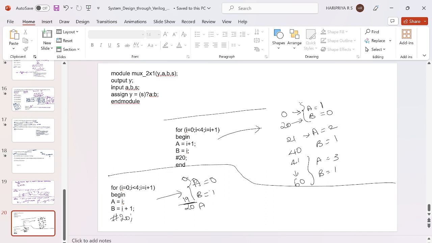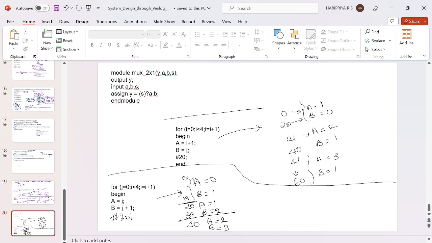And then this time scale will be incremented to 40. Again at 40 there will be a change. A will be 1, B will be 2. Again at 40 time scale, A will be changed to 2, B will be changed to 3, and time scale will be incremented to 60. At 60 again it will enter this loop.